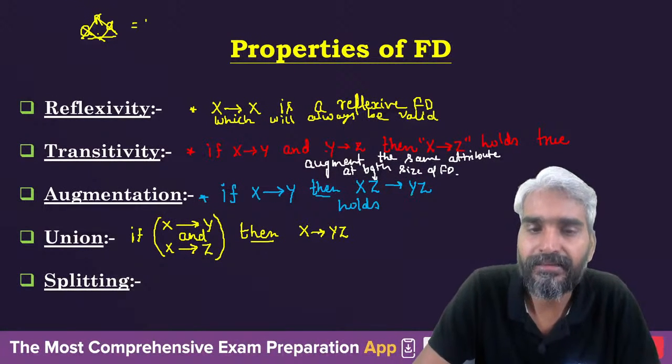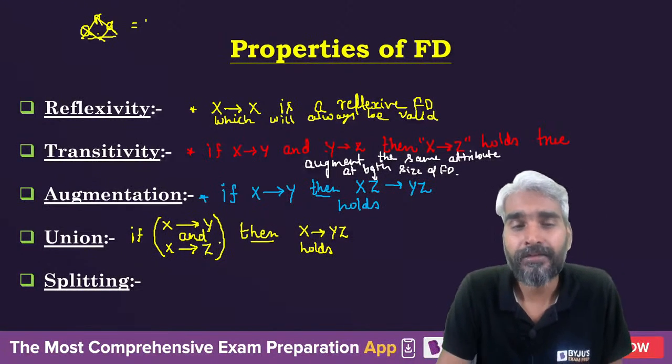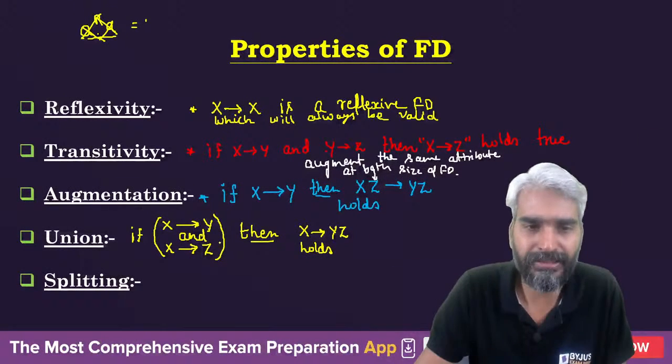That is, X implies YZ holds. Right? Because X can imply Y as well as X can imply Z. So you can eventually club them, that X implies YZ. So this is just the union.